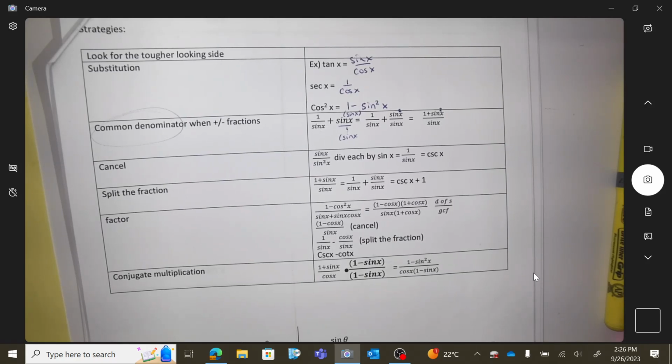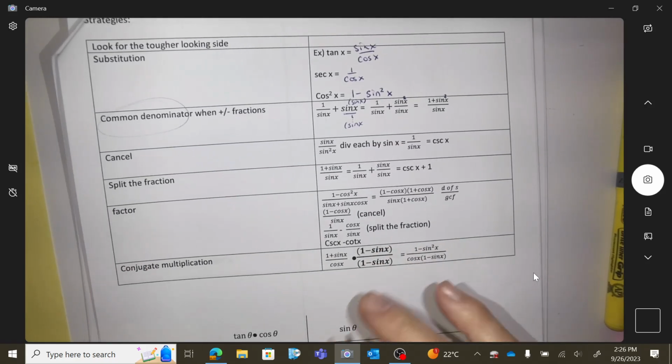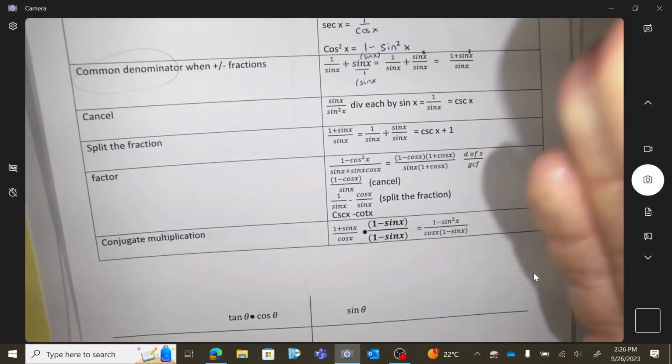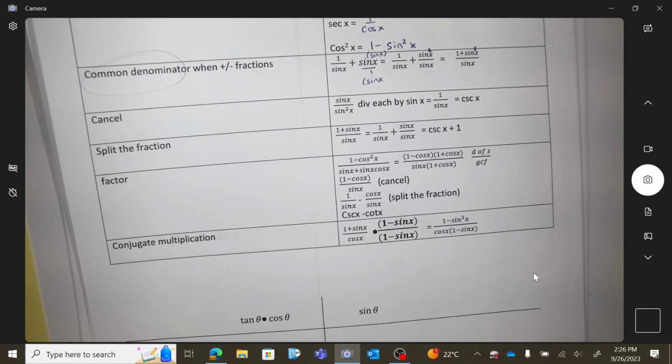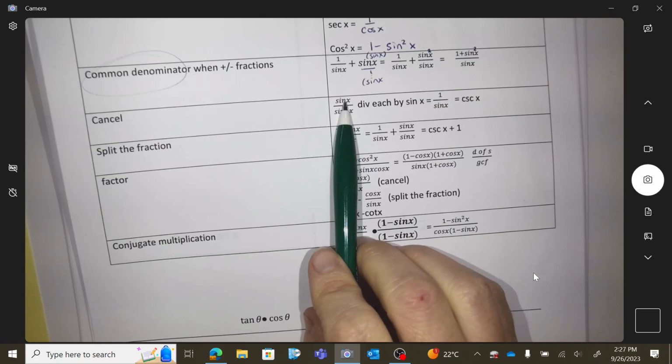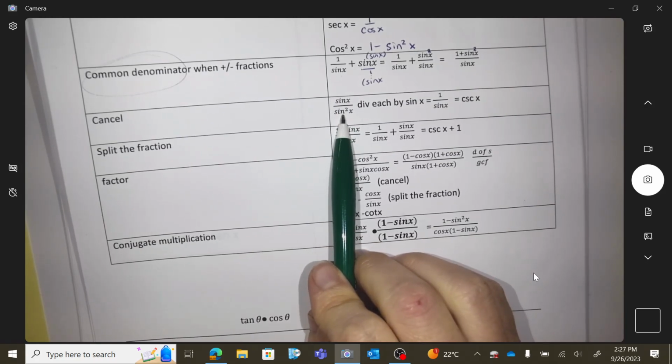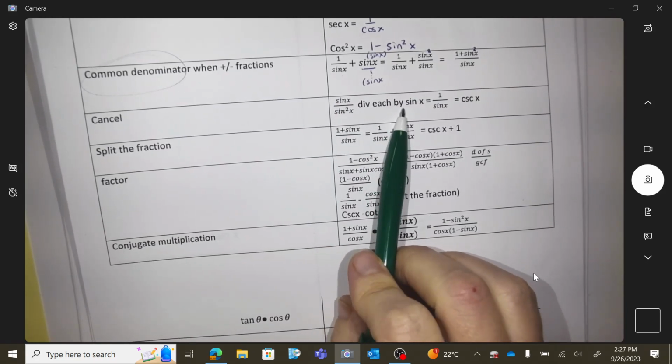Okay, another thing you can do is cancel. We know from fractions that anything in the top and bottom as a multiplier can cancel. So if you had sine x over sine squared x, do you see you could divide?